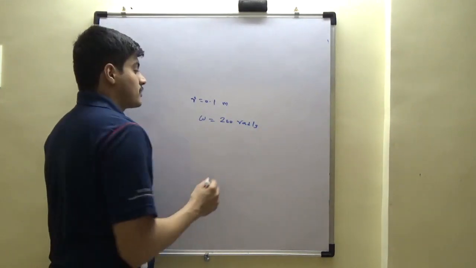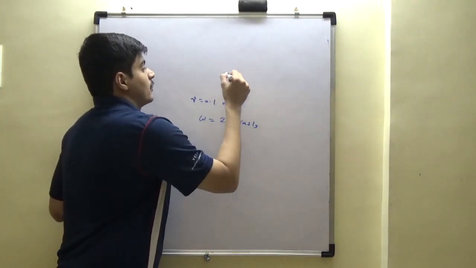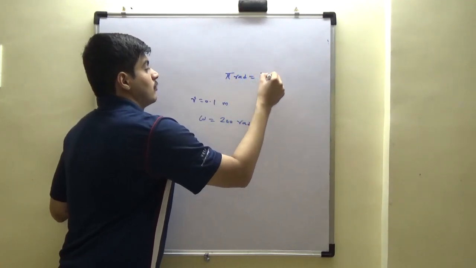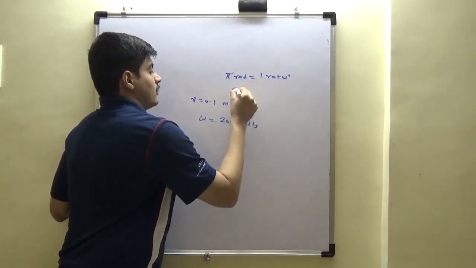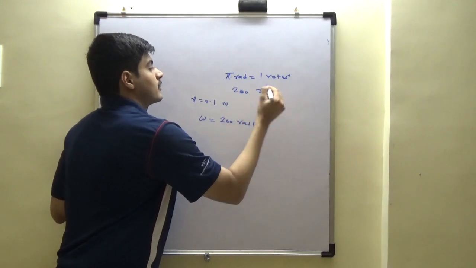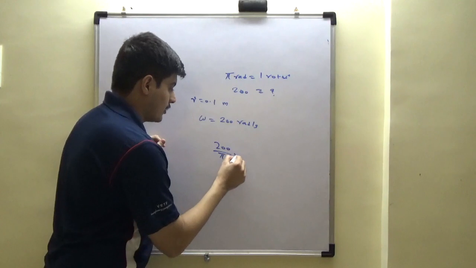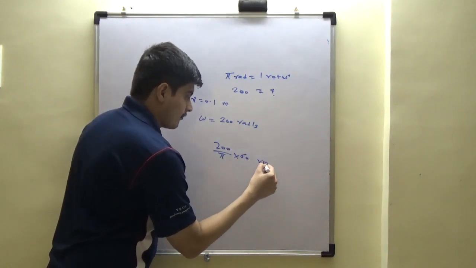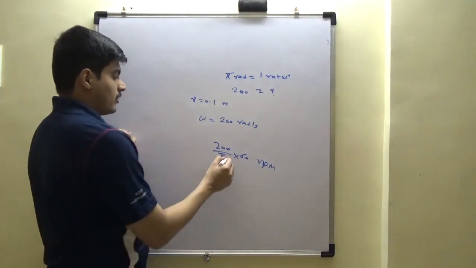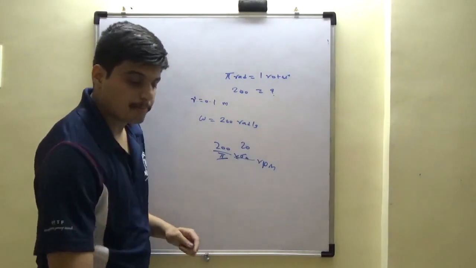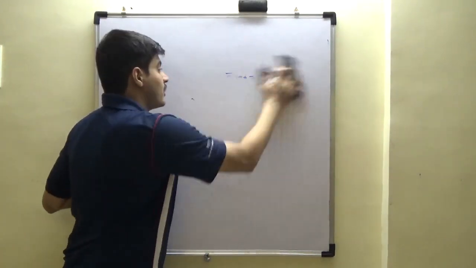How do you convert rad per second into RPM? Pi radians is 1 rotation, so 200 radians is x rotation. So 200 upon pi into 60 RPM, which you can simplify. So it's about 4000 RPM.